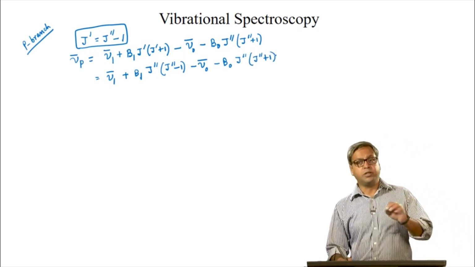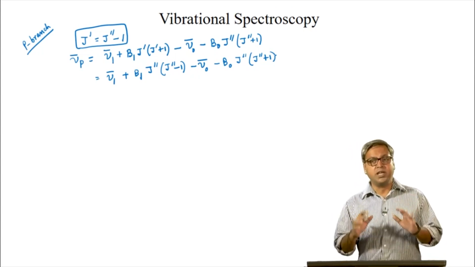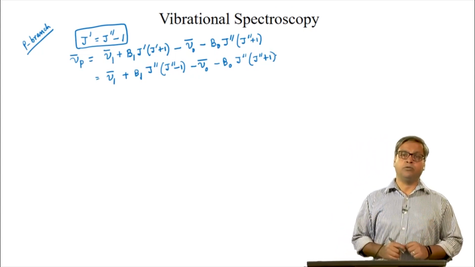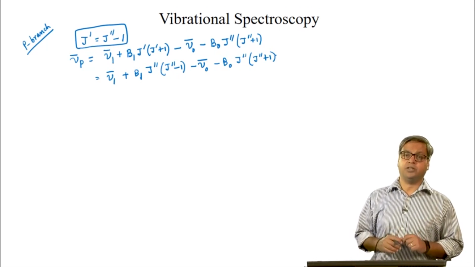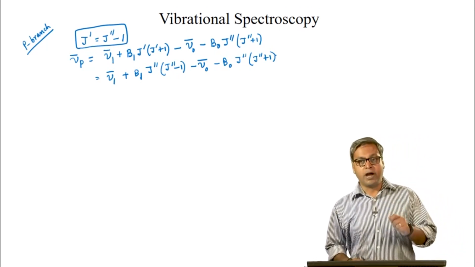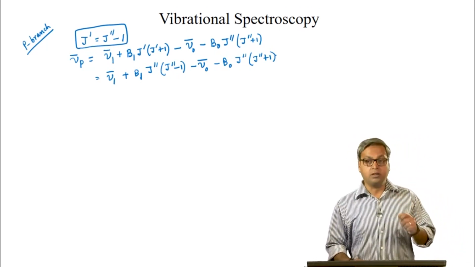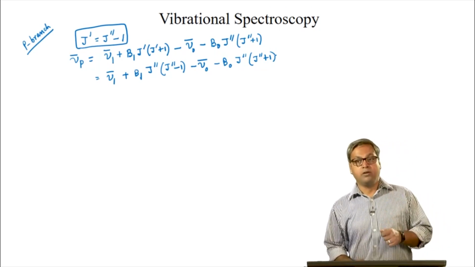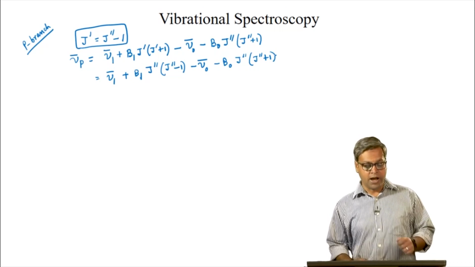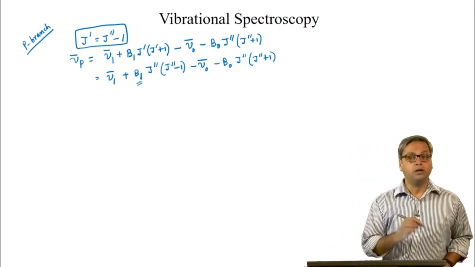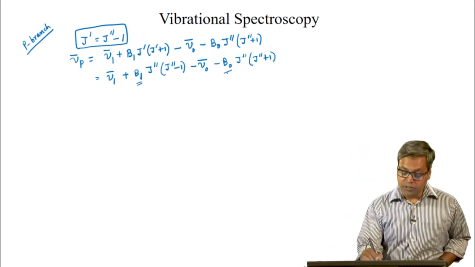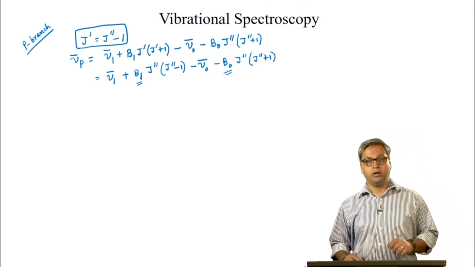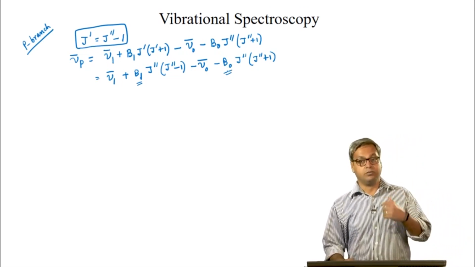So, this expression is almost the same as the expression we wrote in the earlier lecture, except for writing B as the rotational constant. Now, we are writing B 1 for the rotational constant at v equals 1 and B 0 for that at v equals 0.